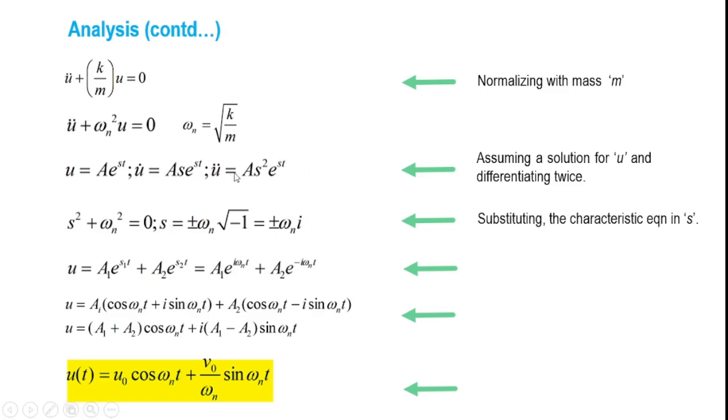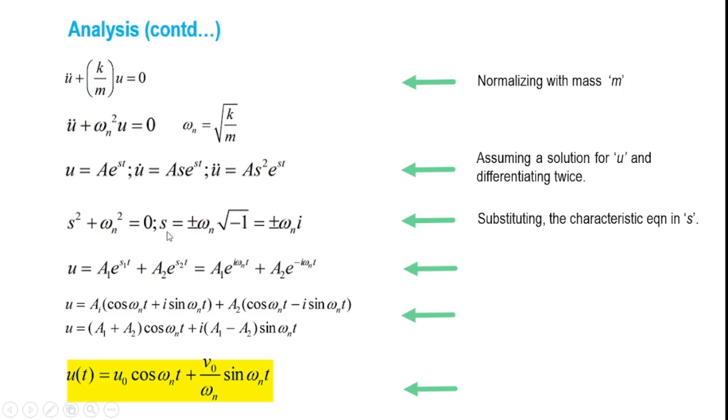Now, if we substitute the values of u double dot and u in the equation u double dot plus omega n square u equal to 0, we obtain the characteristic equation in s, that is s square plus omega n square equal to 0. And that provides us obviously two values for s.